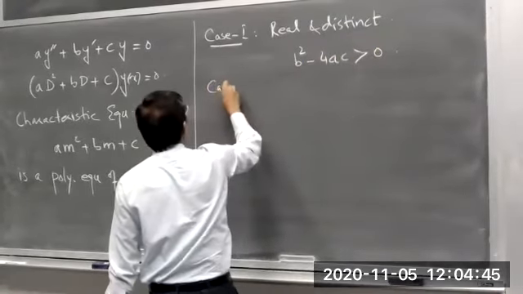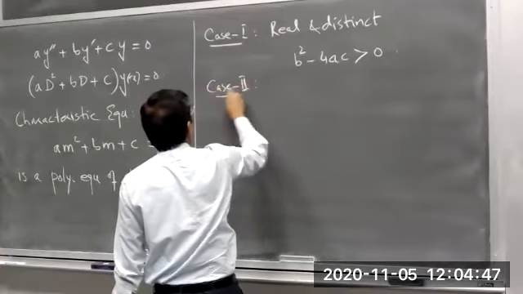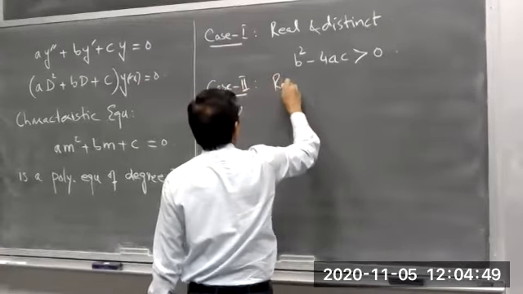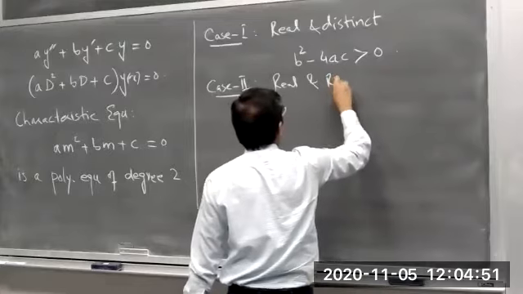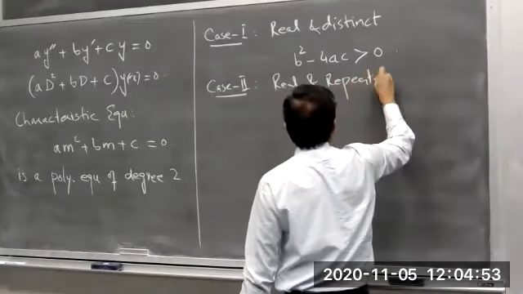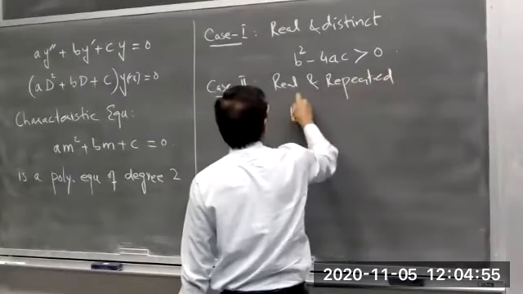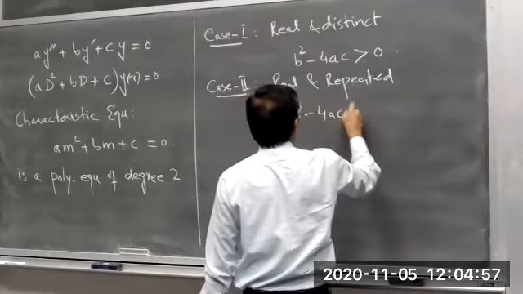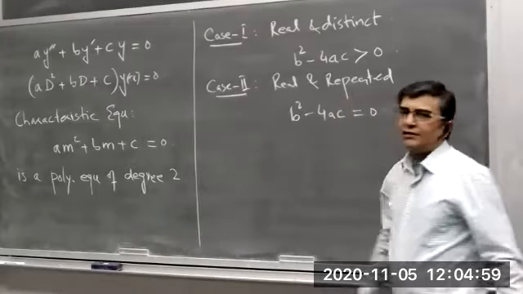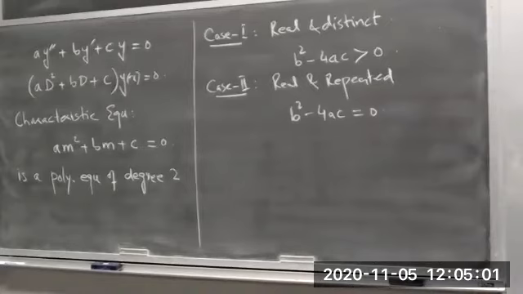Case 2, when the roots are real and repeated. In this case, we have b square minus 4ac is equal to 0. So we have discussed these 2 cases in the previous lecture.